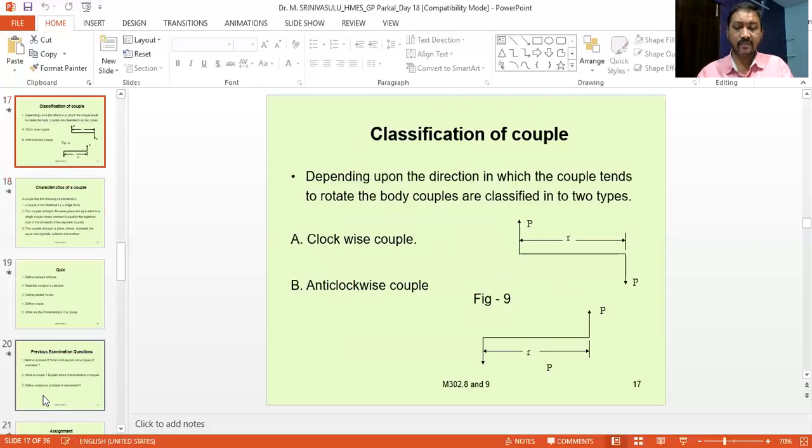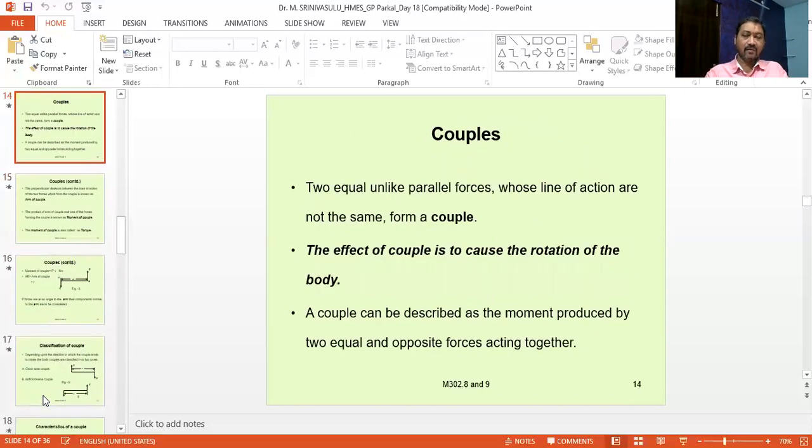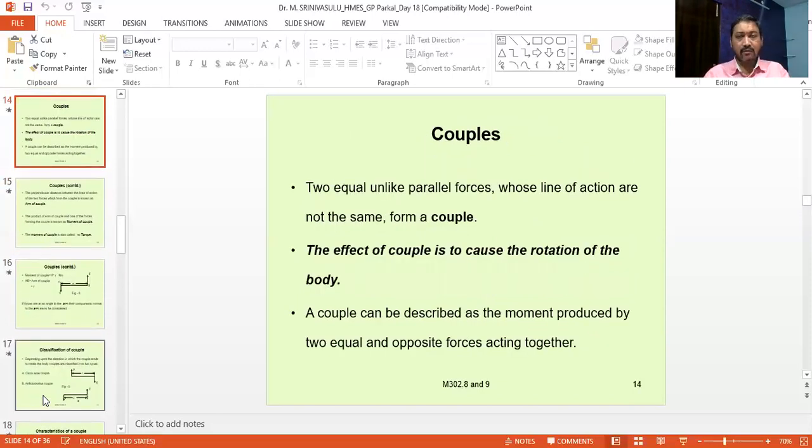So couple means two equal unlike parallel forces separated by some distance, and the moment of the couple is equal to one of the forces multiplied by the distance between the forces.